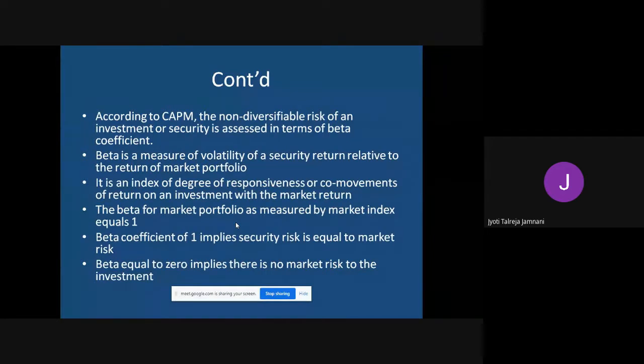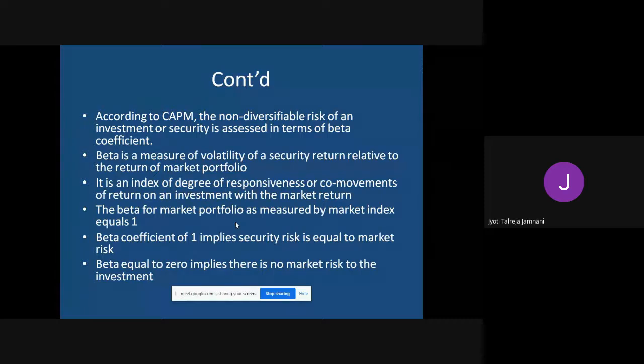So beta tells you how to measure your company's risk as compared to the market risk. It is an index of the degree of responsiveness or co-movement of return on an investment with the market return. So by how much degree both are the same, or whether company risk is lower or higher than the market, you can study using beta.